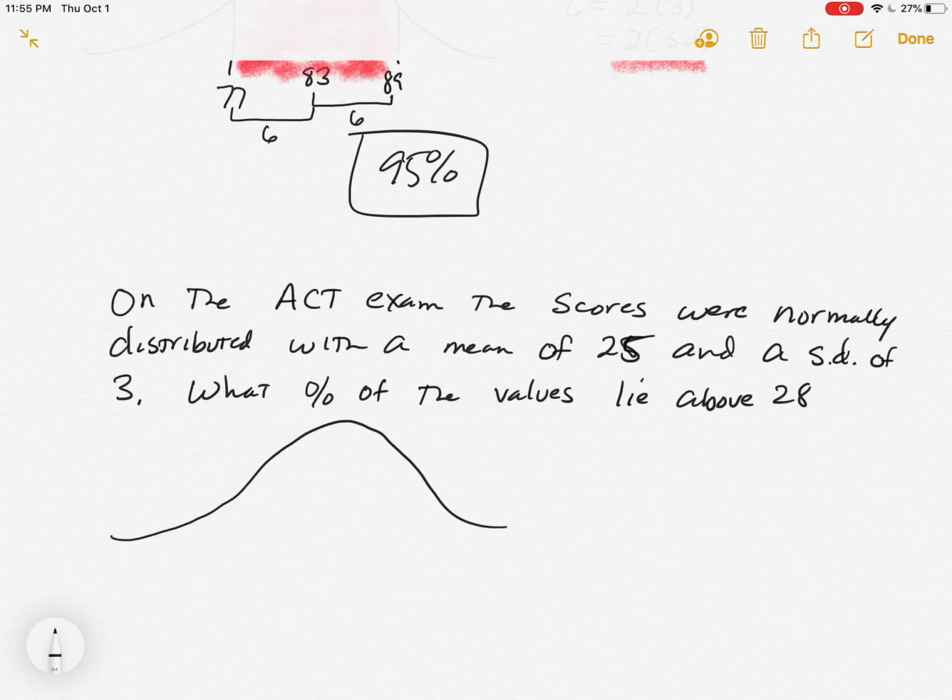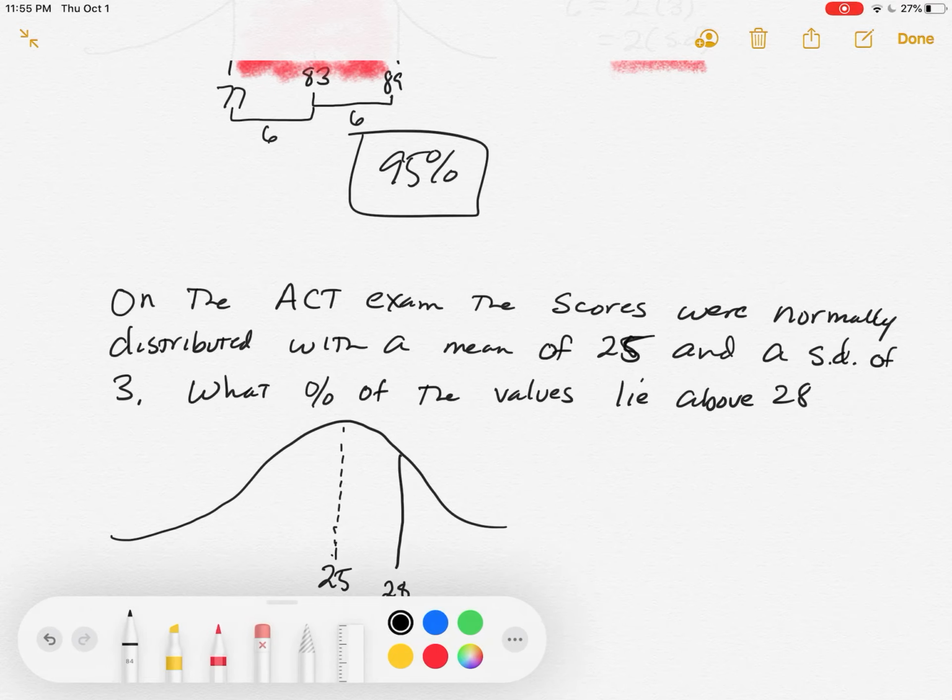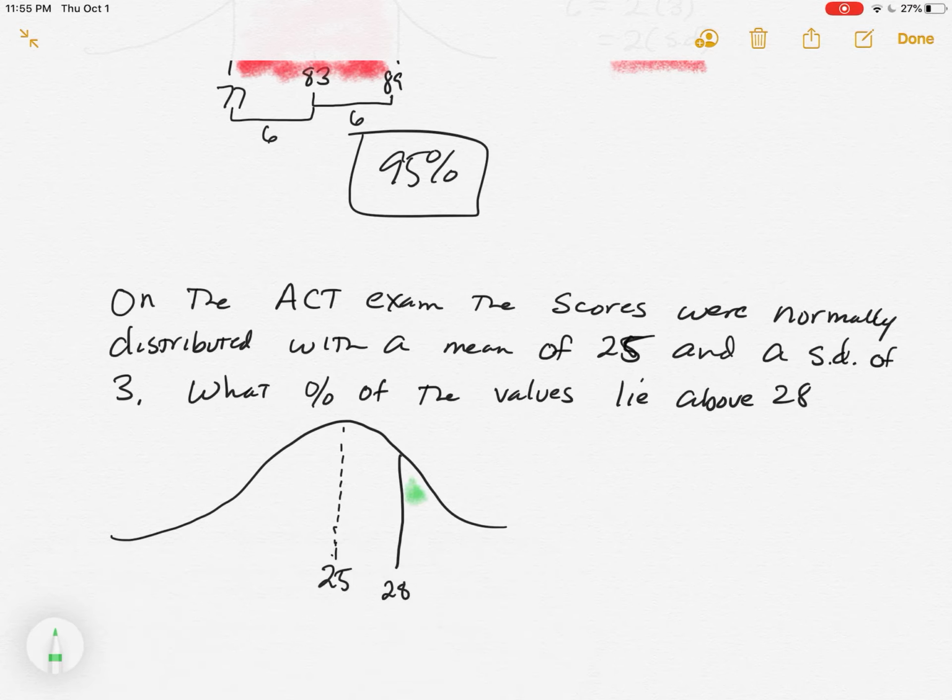So we're going to be using the empirical rule. What we have is a bell-shaped curve because they're normally distributed. 25 right in the middle. They're asking about 28, and they want to know what's this area up here. So they want to know this green area up here. What's that area? Now, what do we know?